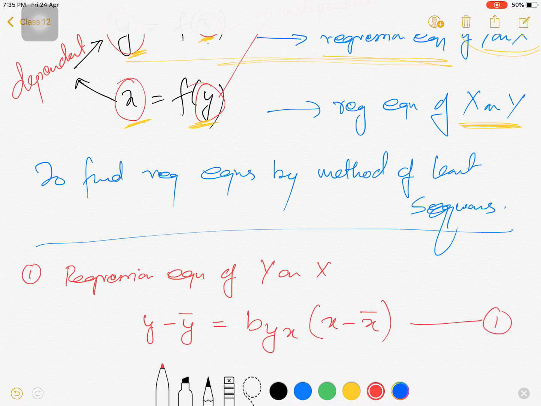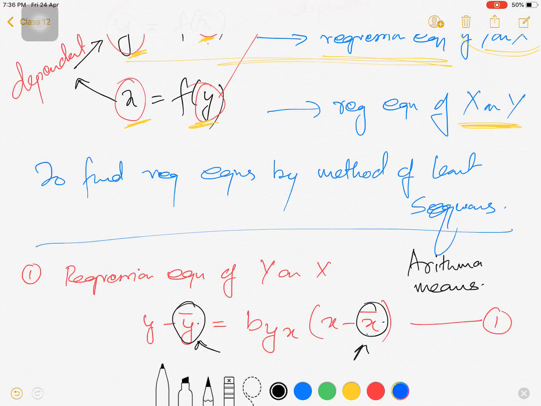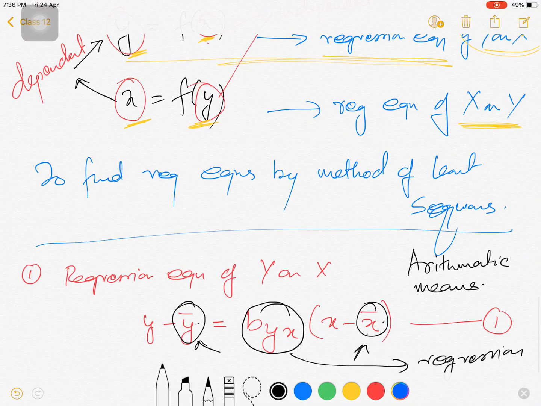Now you may wonder, what are y bar and x bar? These are means, arithmetic means. And this byx is the regression coefficient. We'll talk about it more. This is the regression coefficient.